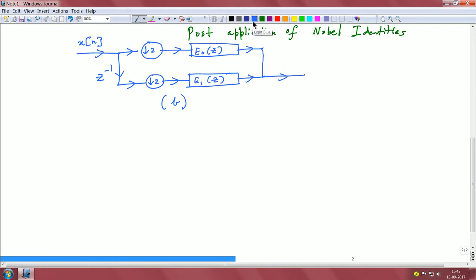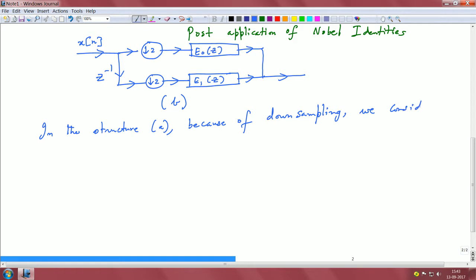Now in structure A, because of downsampling, we consider only even numbered samples, right, because we are throwing away the odd samples in the process of the downsampling.